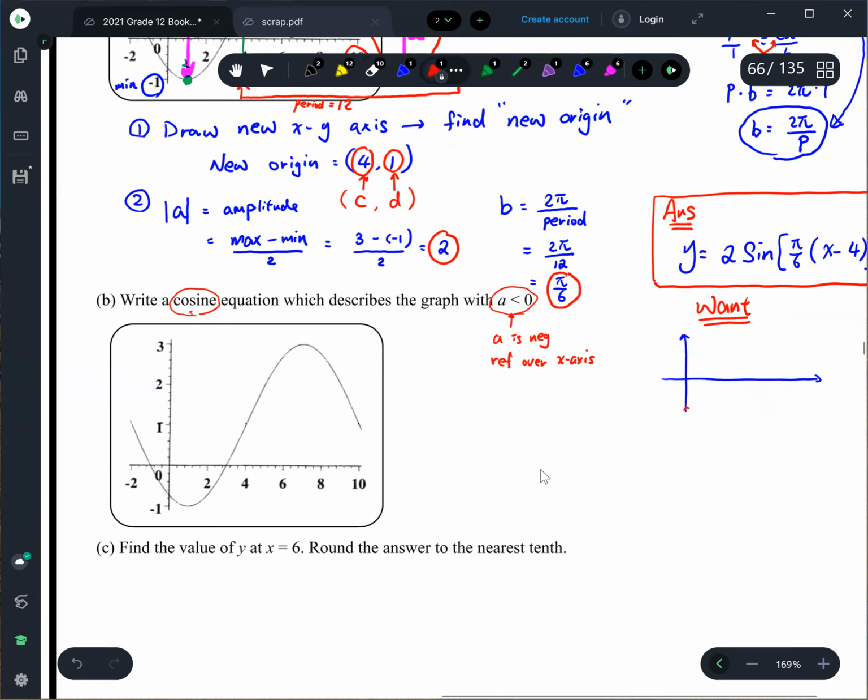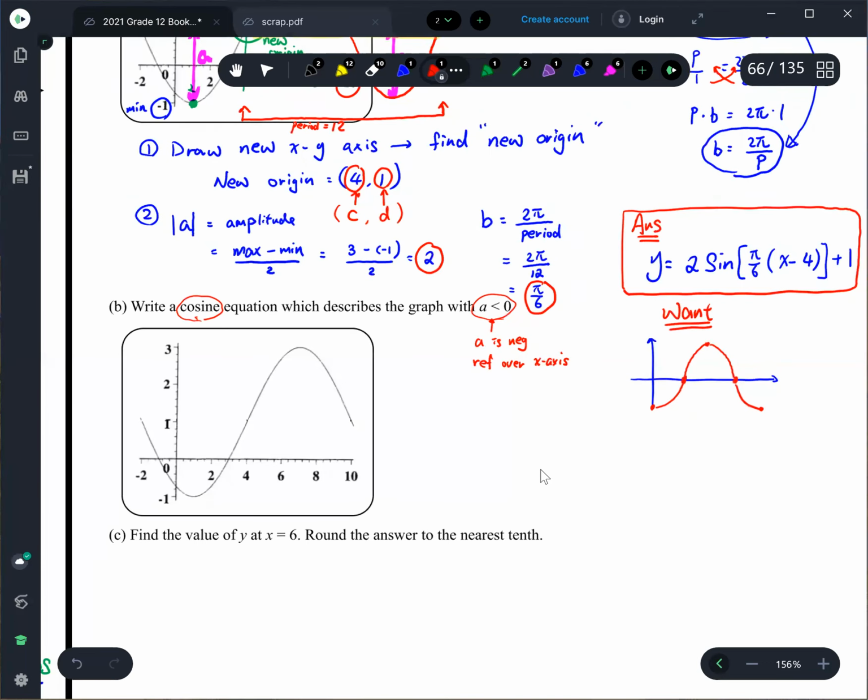So make sure you pay attention to that detail too. This is what the question wants. It's a cosine with a less than 0.